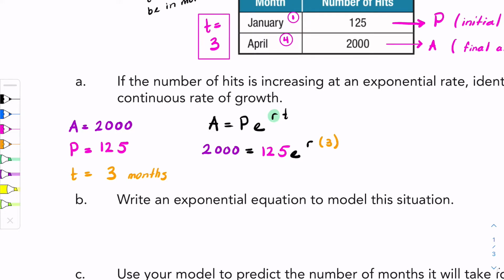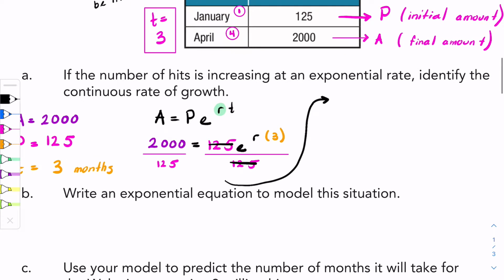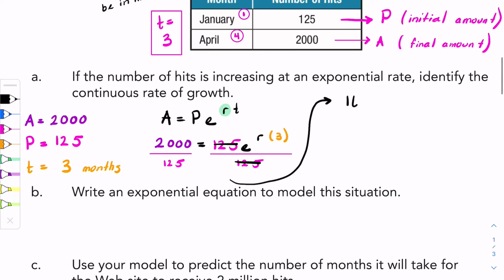So the first thing that we're going to do is eliminate 125. To do that, we're going to divide both sides by 125. After we divide both sides by 125, we're left with 16 is equal to E raised to the power of R times 3, or 3R, which is how I'm going to write it.